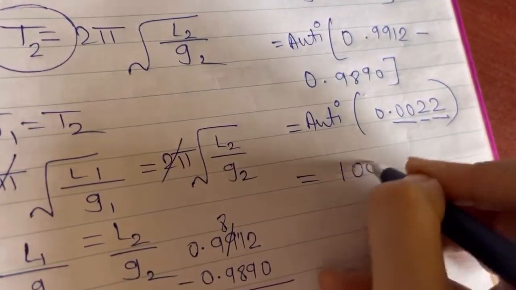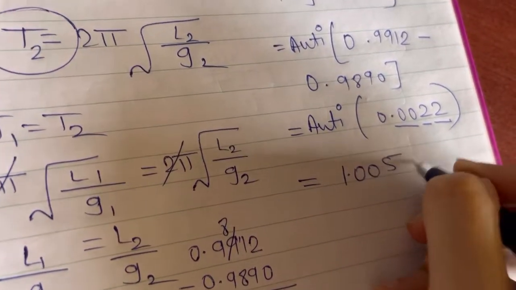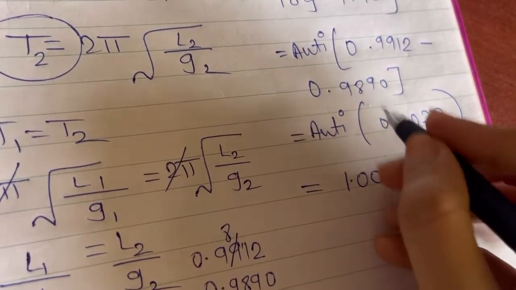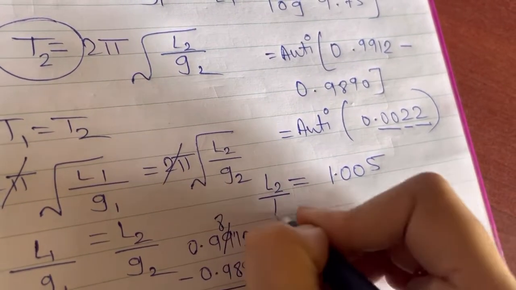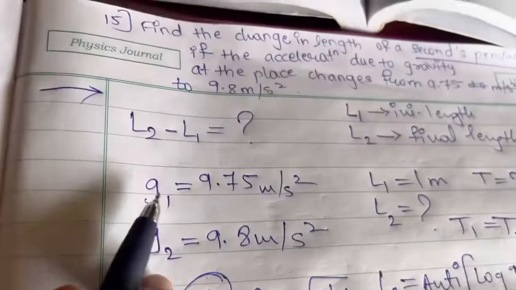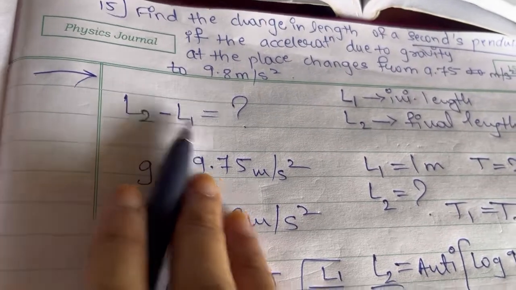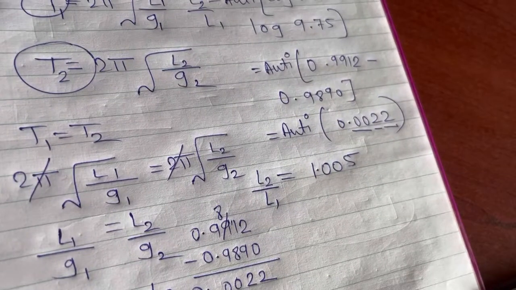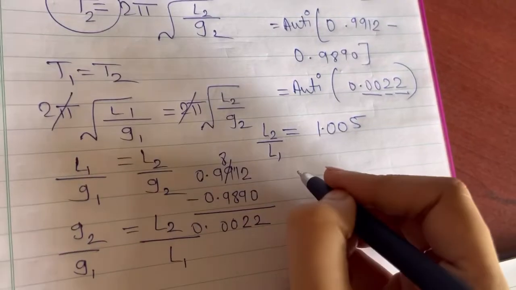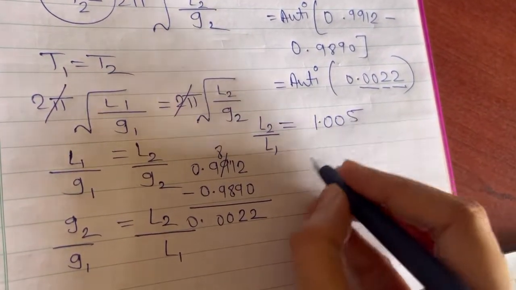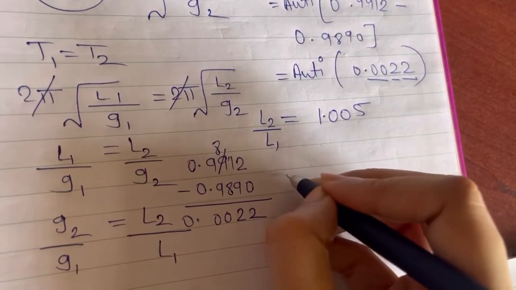It is 1005, one digit before the point, into 10 raised to 0. Anything raised to 0 is 1. So this is the value of L2 upon L1. Now what I want is L2 minus L1. Okay, I can do this.